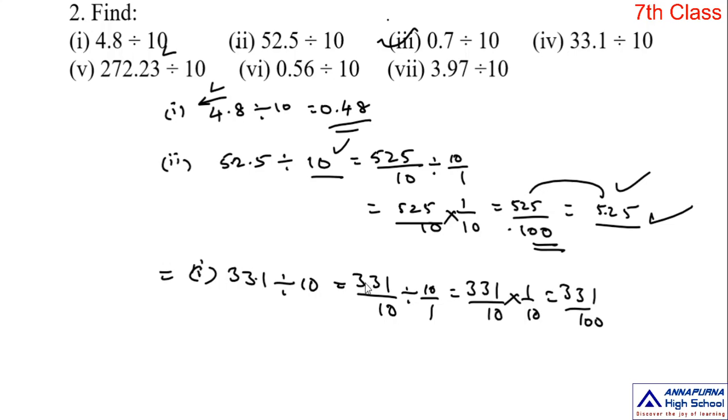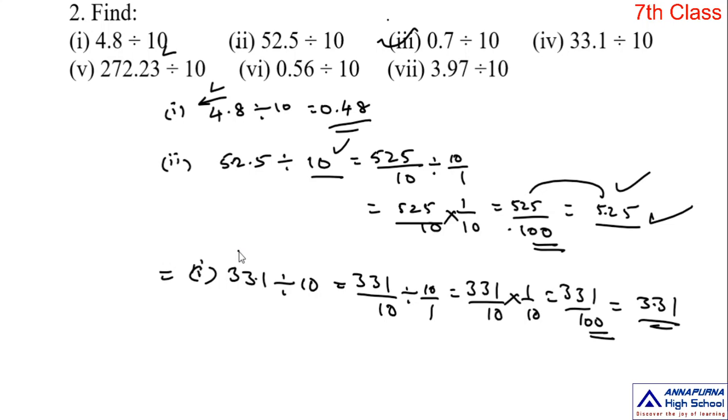So what is the value we have? Write the numerator as 331. In the denominator, what is the number we have? 100. In 100, 2 zeros are there. So you should shift the decimal point towards left by 2 digits. 1, 2, put point. So 3.31.